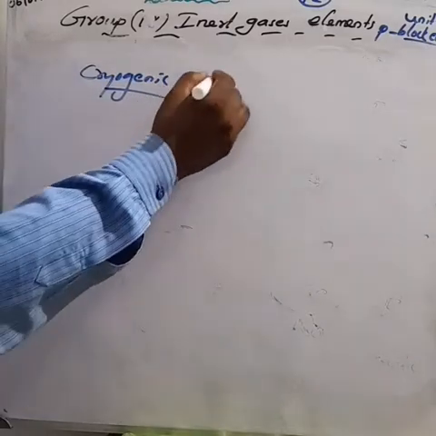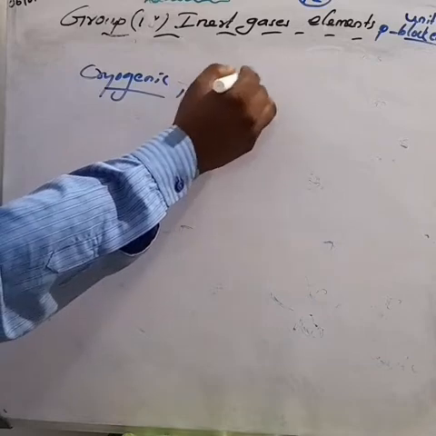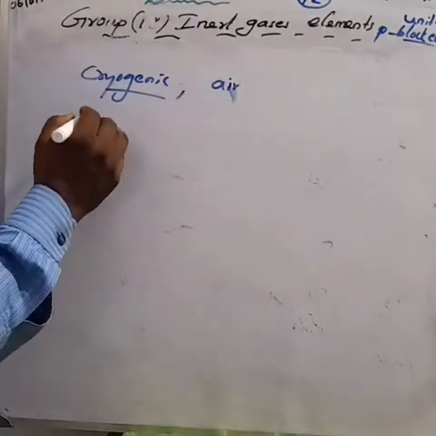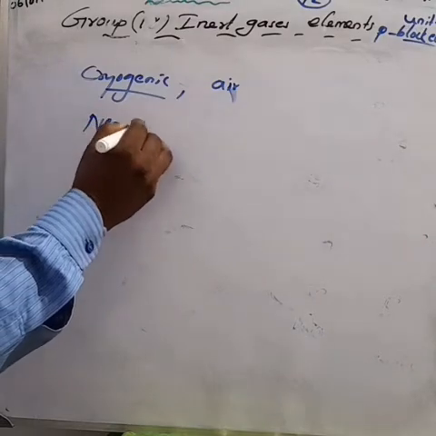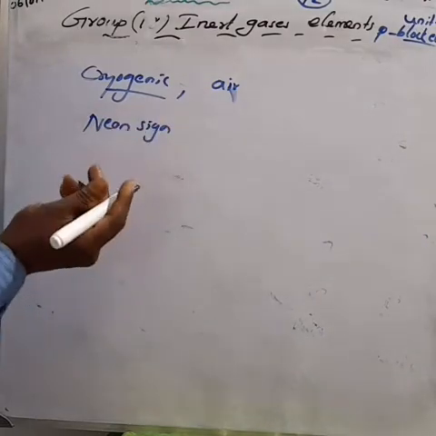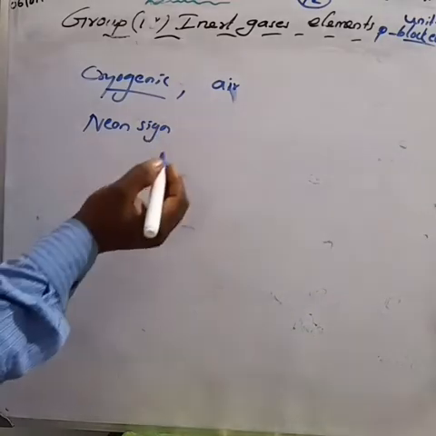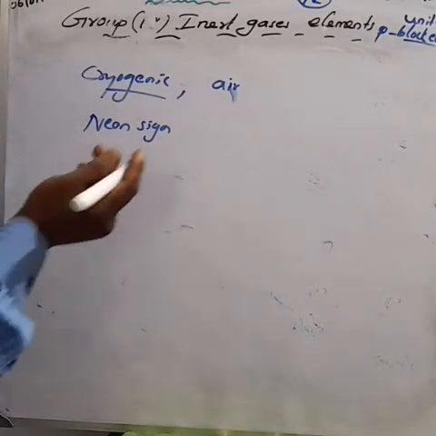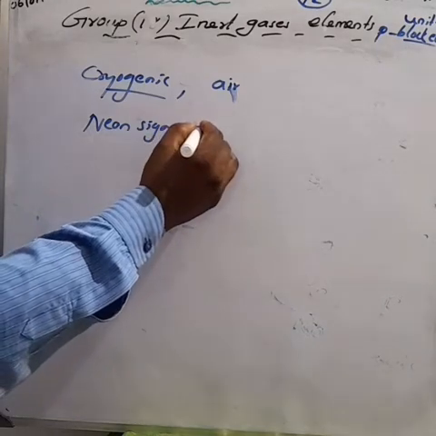Also it is used in filling air balloons. Neon is used as neon sign, an electrical sign light, giving a brilliant red glow by passing electric current through neon gas under low pressure.